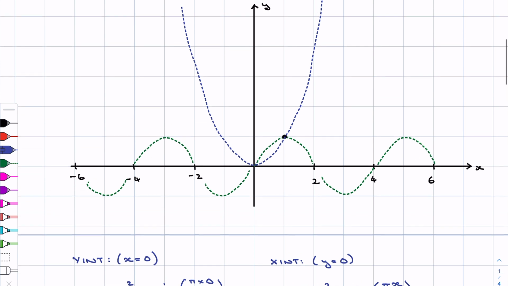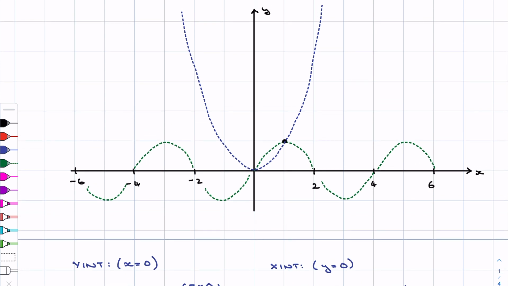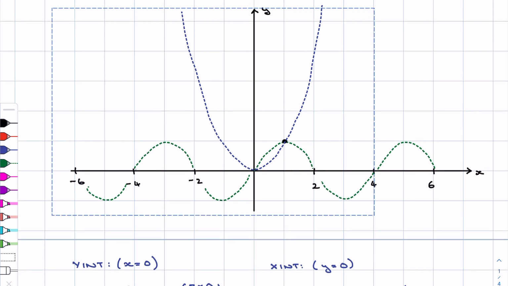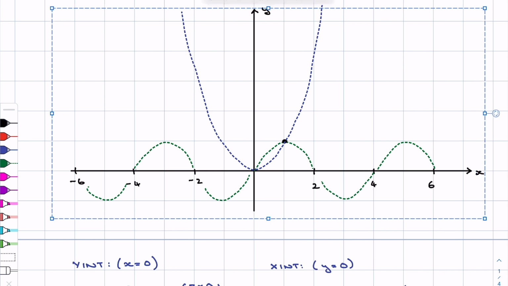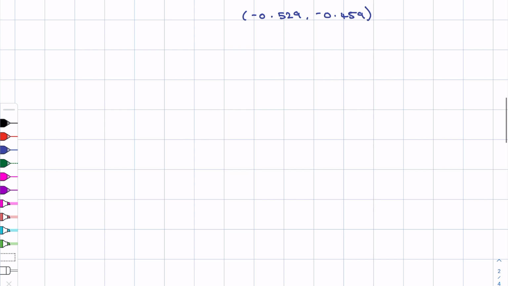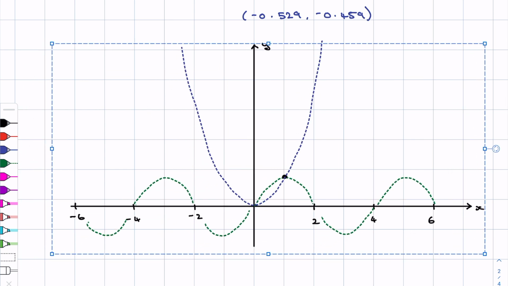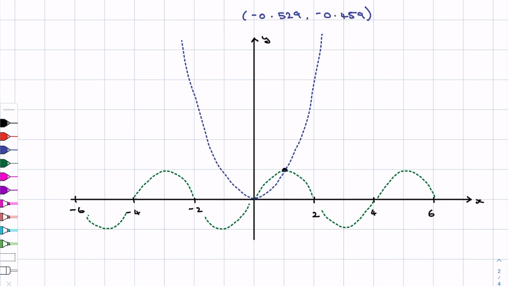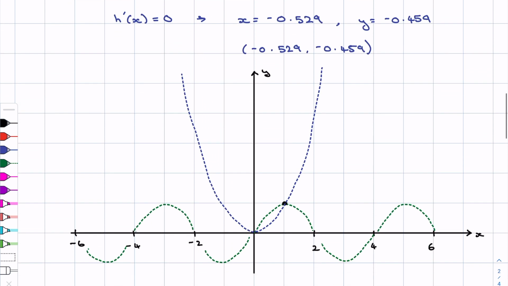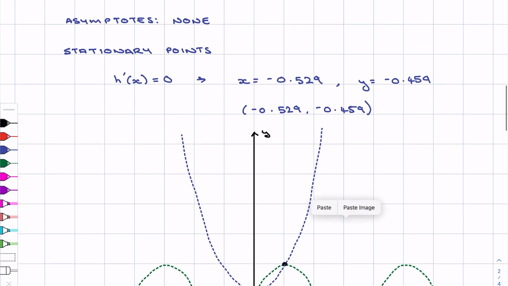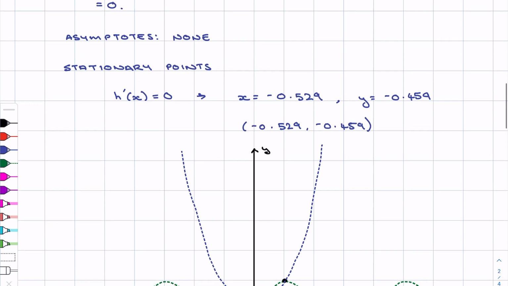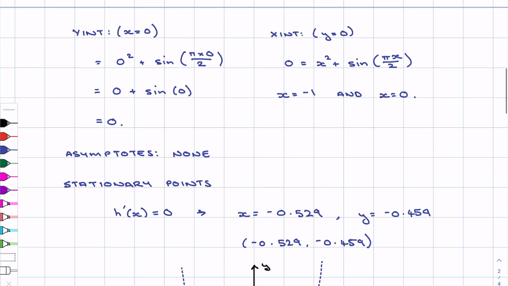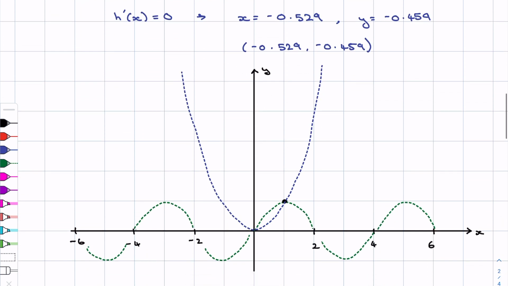Given that I've got all this information, I'm going to return to my preliminary sketch. I'm going to pull this together. I'll put it underneath all the information that we've just established. So let's get it looking quite sharp. Okay. And then what we're going to do is we're going to put our y-intercept in here.